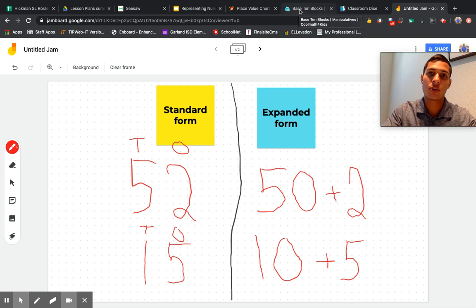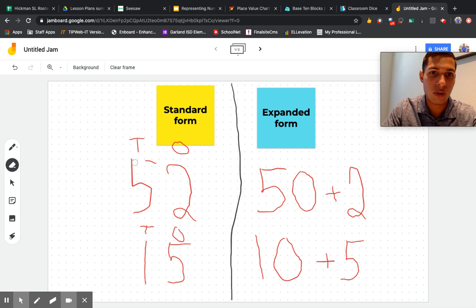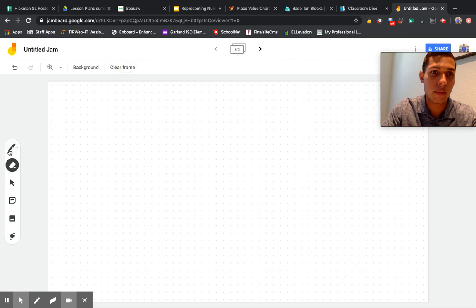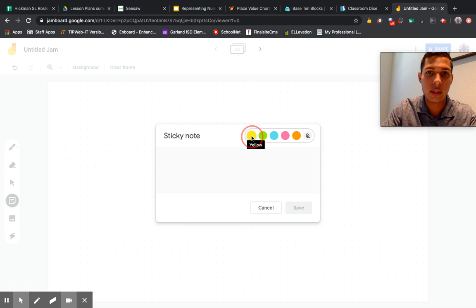Let's go back to our dice. Let me just start this over and let me just erase some of this. Actually, I'm just going to clear frame. That's what we're going to do. And then I'm going to go ahead and sticky note.